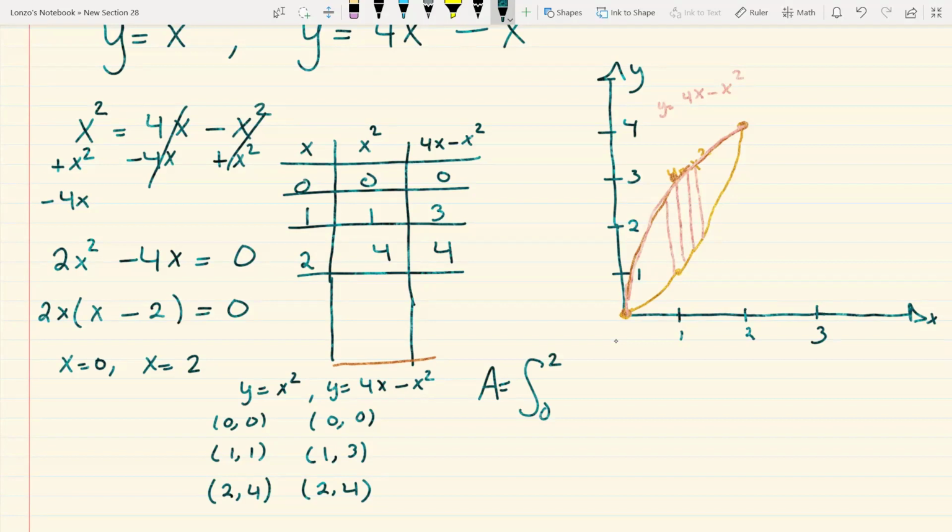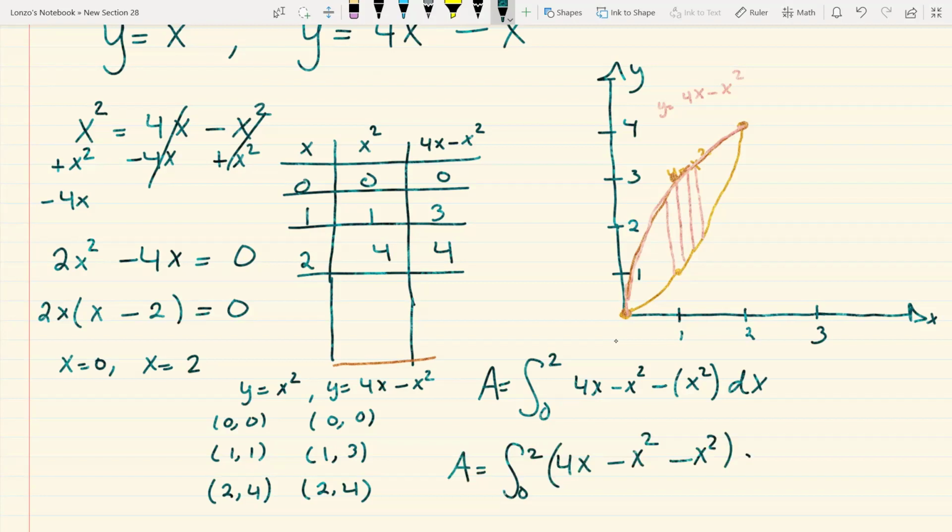So the top function is 4x minus x squared minus the bottom function, which is x squared dx. So this is going to be 4x minus x squared minus x squared dx.